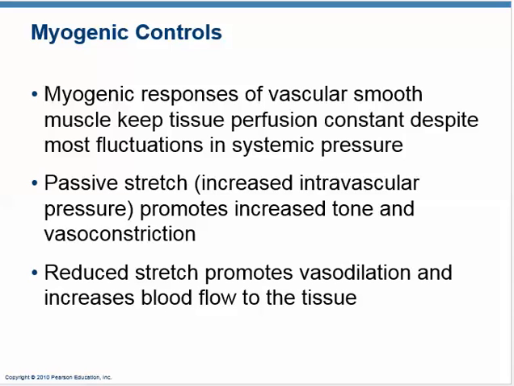So that passive stretch causes vasoconstriction. A reduced stretch means that those muscles relax and it causes vasodilation. So what happens is you get the right amount of perfusion based on the pressures that are driving the blood to that tissue.